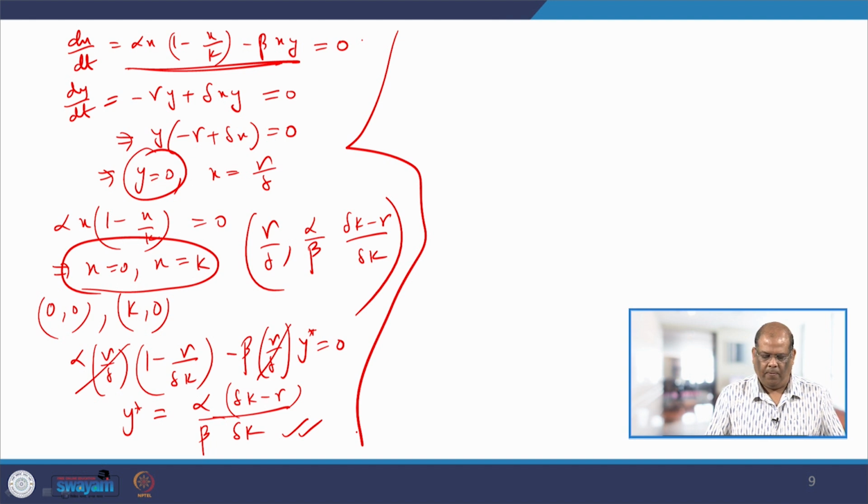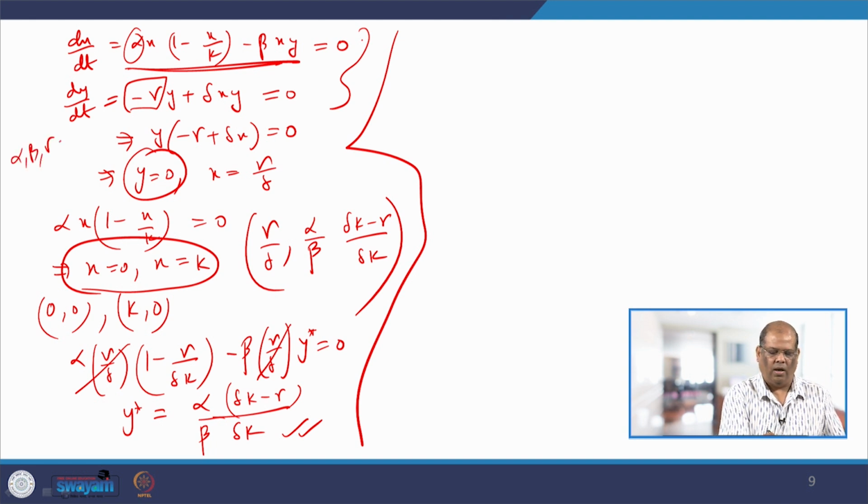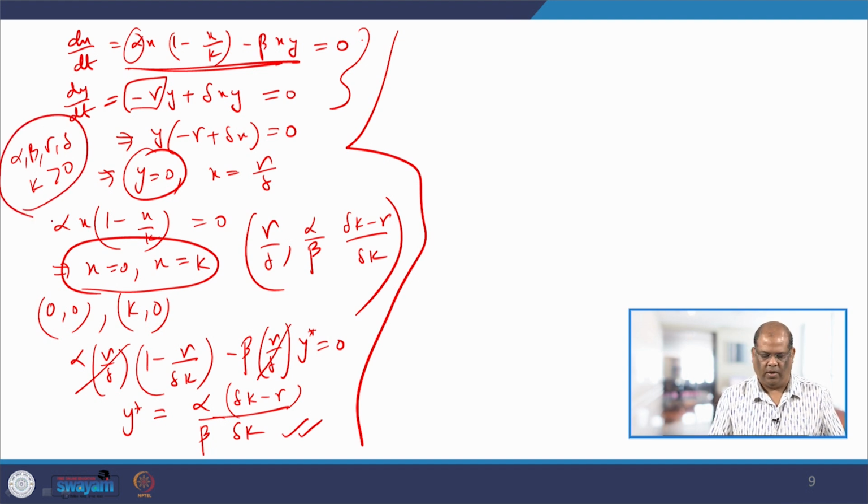So, you need to find the stability at all these points. Now, before that, if this equation represents a population, in that particular case all the solutions have to be positive. So, we have to assume that all the parameters, that is alpha, beta, gamma, delta and k, are all positive, and at the same time the equilibrium solution is positive.